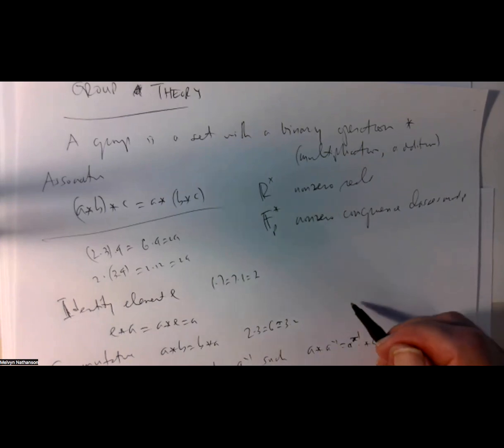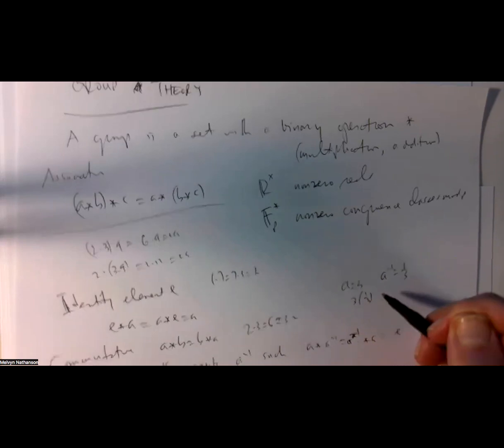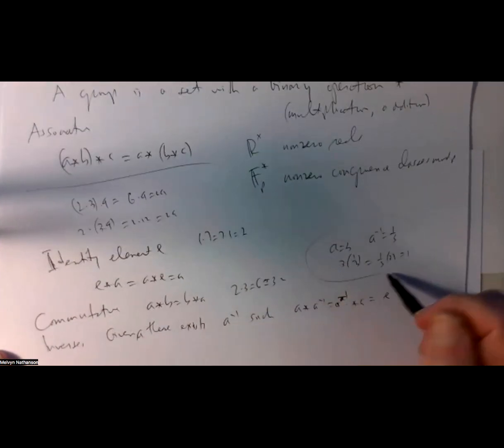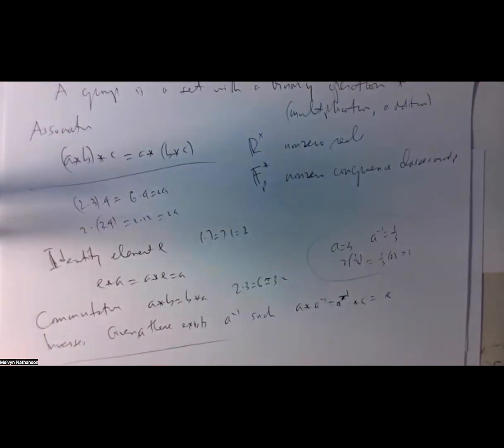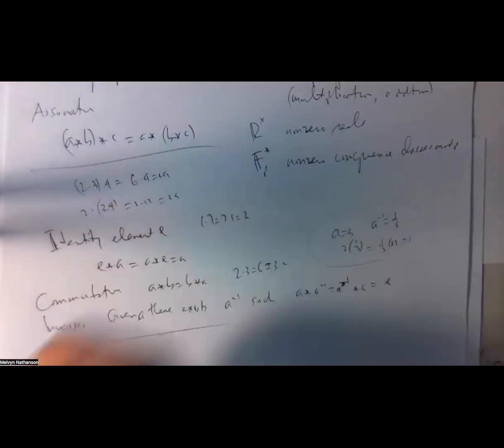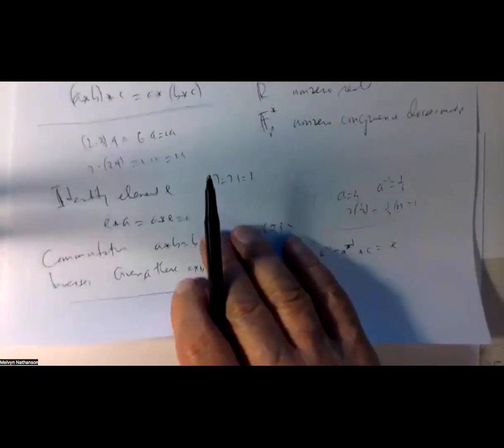So in the reals, if A is 3, A inverse is a third. 3 times a third, and the third times 3, they're equal to 1. So whenever you have a set of objects with some binary operation, you can add them or multiply them or do something to them, that's associative, commutative, there's an identity, and every element has an inverse. That's what's called a group.